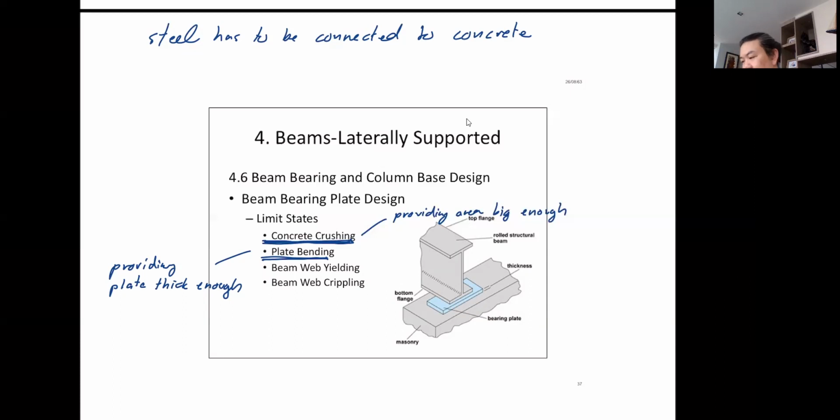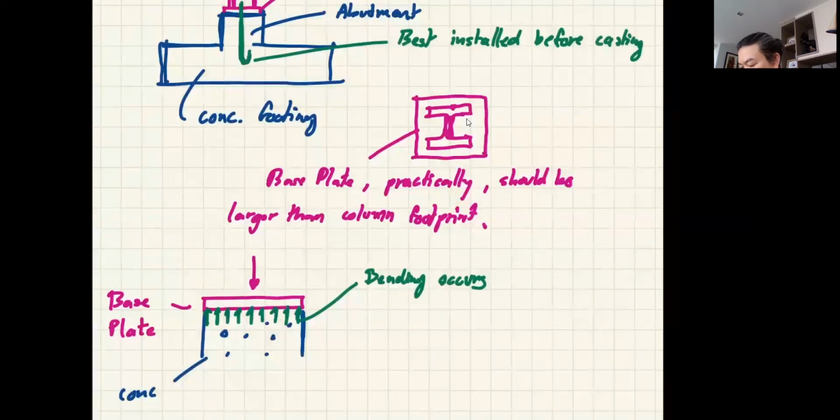Okay, so basically what you should be able to see is that when you have the area of the concrete, you will be able to calculate that uniform stress. Bending occurs due to this uniform load.